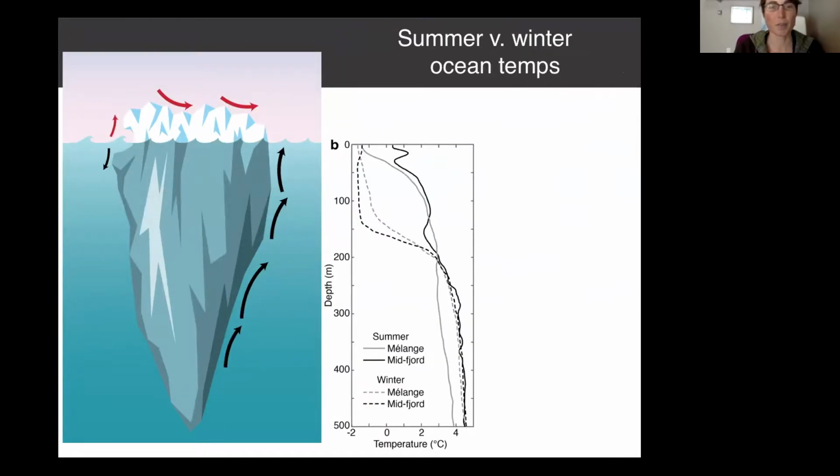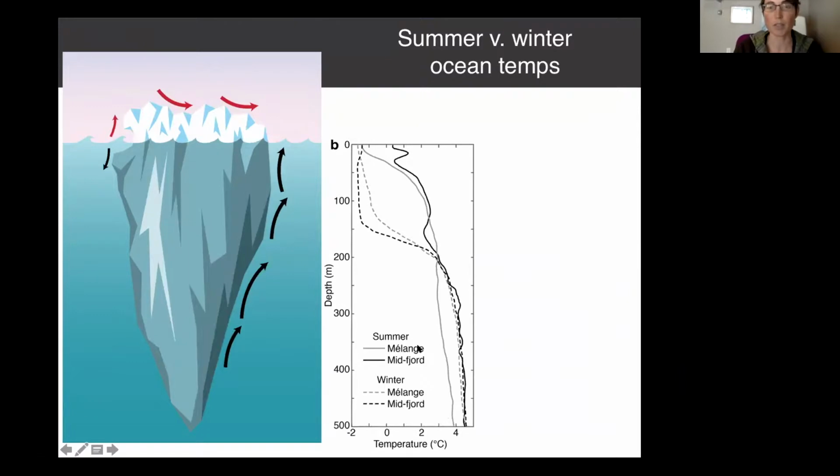So what does that information tell us? I'm pulling out here data from March 2010, which is representative of winter, which we see here in the dashed lines, and then August 2010, representative of summer, in the solid lines. And you can really get a sense that we have somewhat similar temperatures at depth in both seasons.